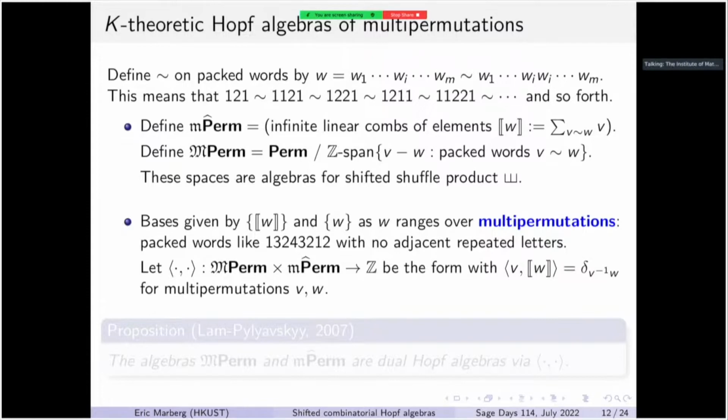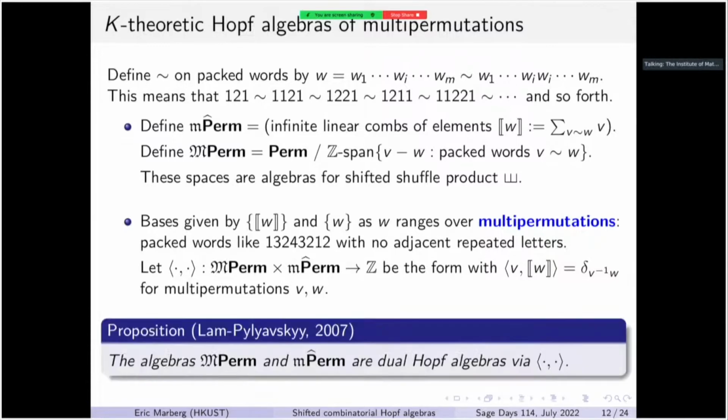So we're going to have these two bases, and we're going to define an inner product, or a bilinear form, that makes V and bracket W have value 1 if V is equal to W. I don't mean inverse here, just V equals W. And then you can make this statement about these two Hopf algebras.